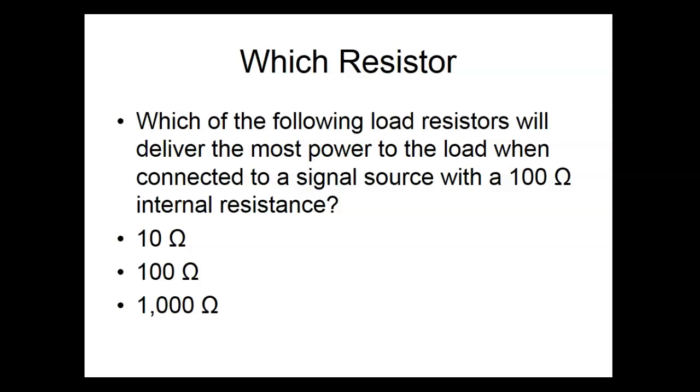So what we're going to do is take a signal source, so it's going to be AC, and I'm going to put a resistor up here, and this is going to simulate the internal resistance of the signal source. And it's going to be 100 ohms. And we're going to replace different resistors out there. We're going to use R because it's easier to calculate.